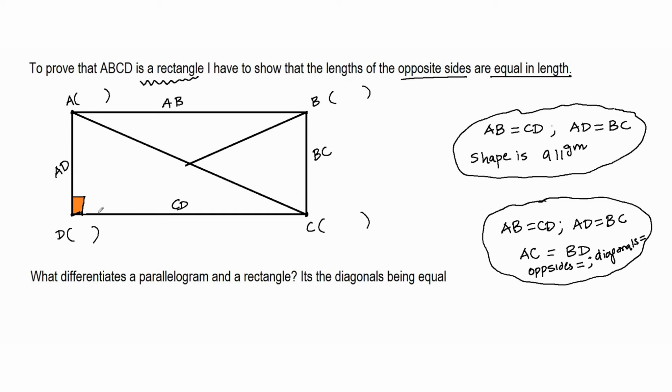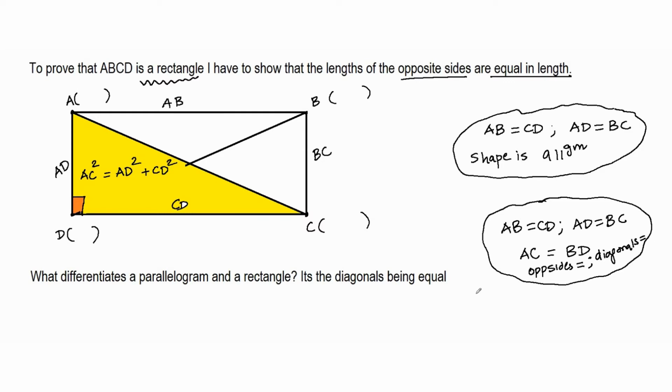Now to show that angle D is 90, I have to show that triangle ACD satisfies the Pythagoras theorem. So I have to show that AC square is equal to AD square plus CD square. If I can show that this relation is true, then I can say that ABCD is a rectangle.